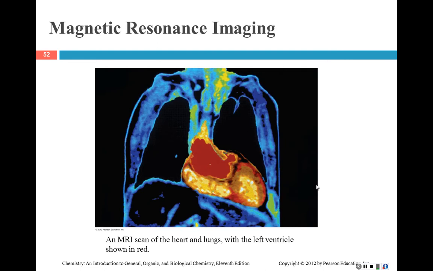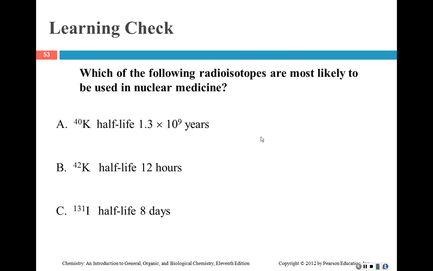Here is your lungs, and that's the left ventricle of your heart. And so, as you can see, it gives you a really good picture of circulation and things like that, and even some bone and other soft tissue. Depends on the settings for it, but you don't have to ingest anything. It doesn't have to give you any type of real bad nuclear materials.